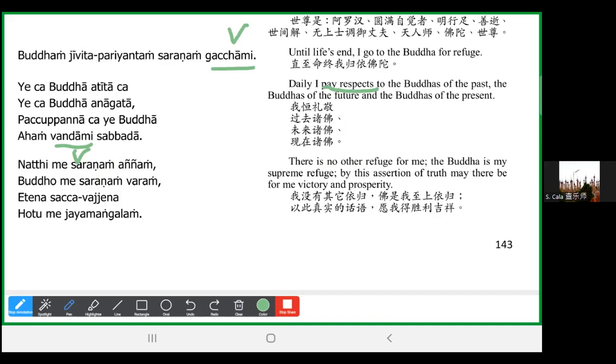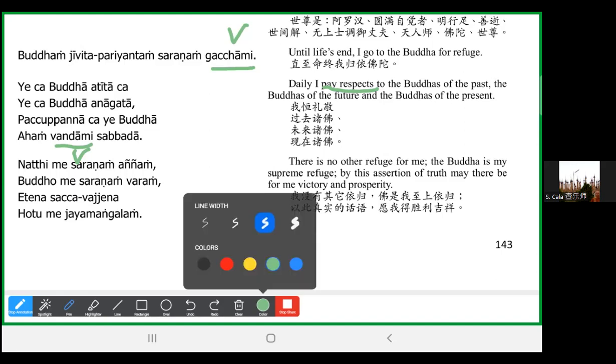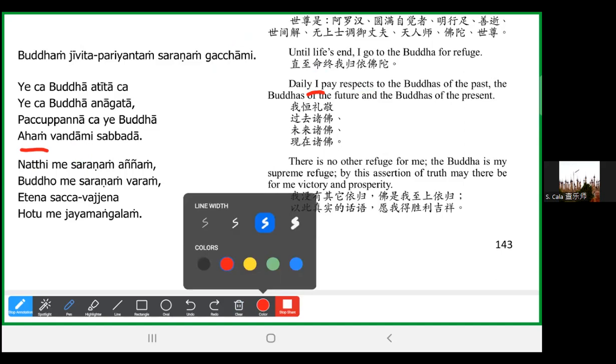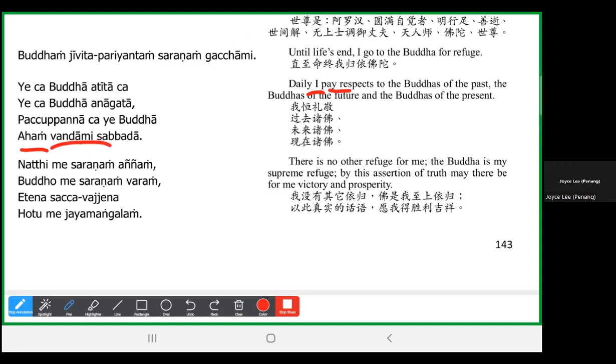Now, who is the subject here? Janet, who is the subject here? Aham and Buddha. Okay, also can, yes. All right, so we look at aham first. Aham is the subject here. Aham is I; the verb is vandami, I pay respect. Aham is a pronoun.